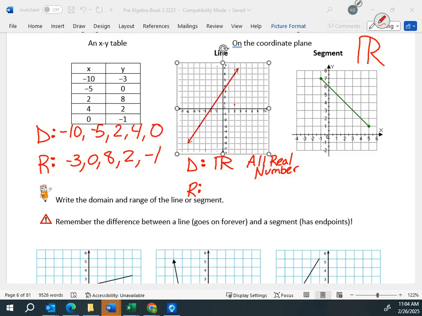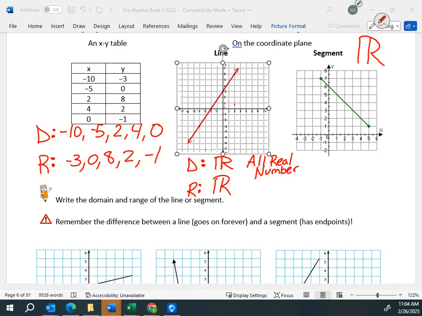Again, it is going to be all real numbers. So if it is a line that's being graphed, the domain and range is every single number possible. All real numbers. That makes sense.